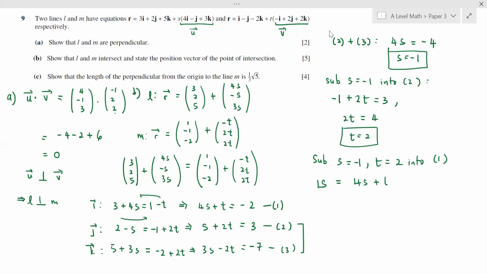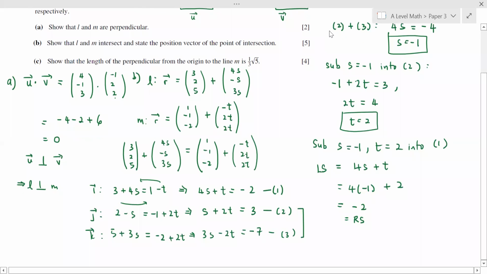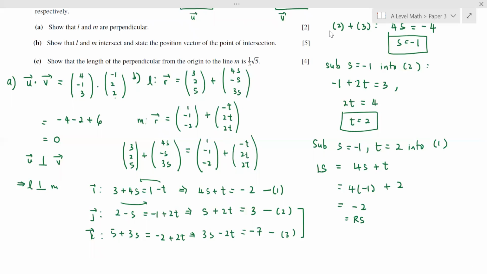We have 4s + t, so that will give us 4 times -1 plus 2, and we have -4 + 2, which is -2. And this is the same as the right side. So we know that the values of s and t are consistent. And from here, we say that line L and line M intersect.